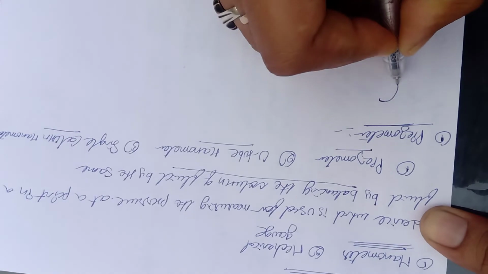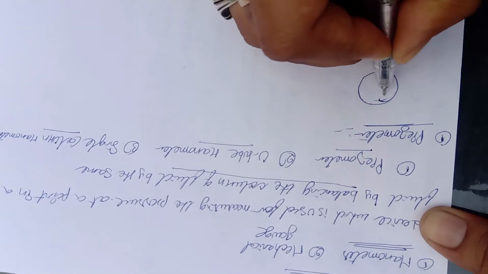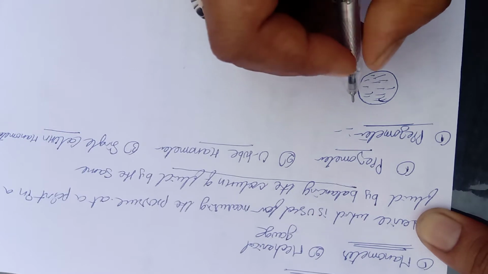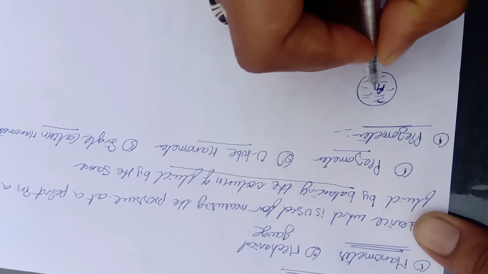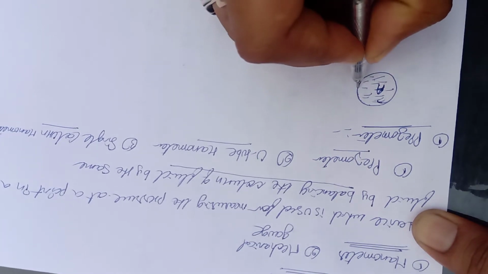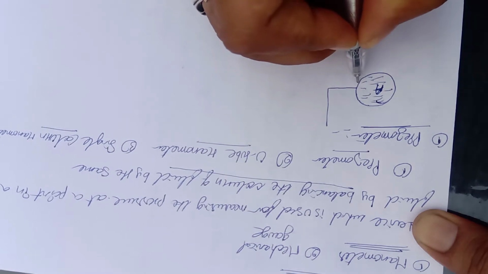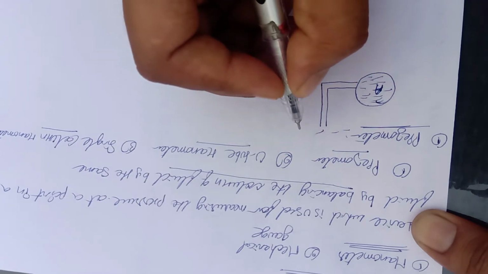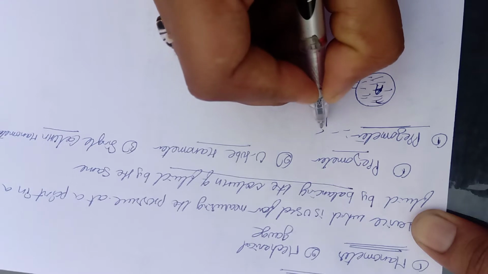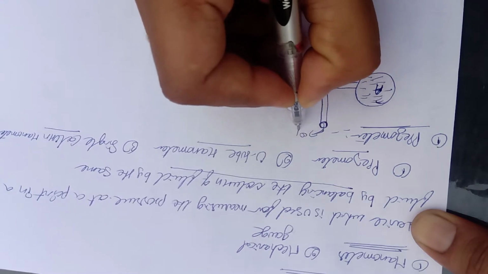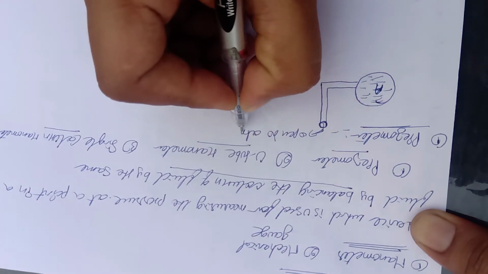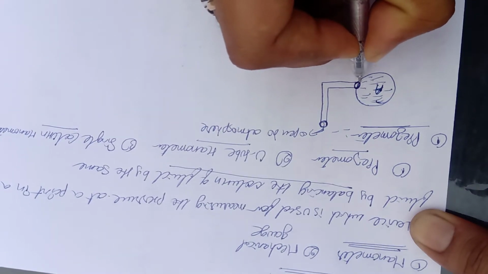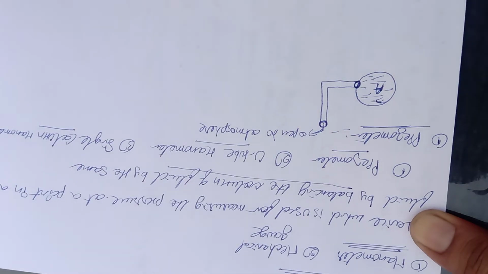For example, if this is a container which contains fluid, and I want to find the pressure in this fluid, let this point be A. So if I want to find the pressure at A, then I'll connect a piezometer, which is in general L shape, whose one end is open to atmosphere, and this end is connected to the point or to the container from which we have to know the pressure.